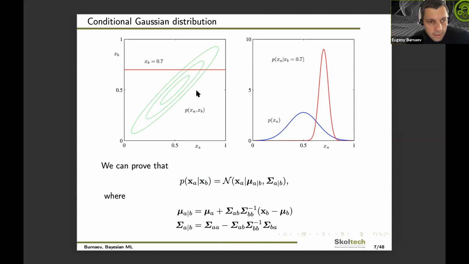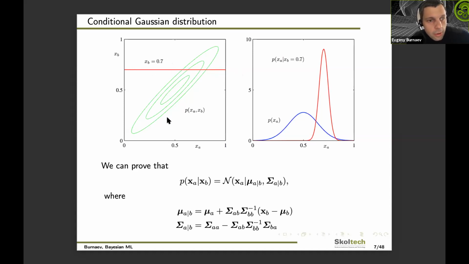This is the illustration. So this is the unconditional distribution of the joint vector x sub a and x sub b. And when we fix some specific value of x sub b, then that means that we consider the distribution of the vector x sub a only along this line.